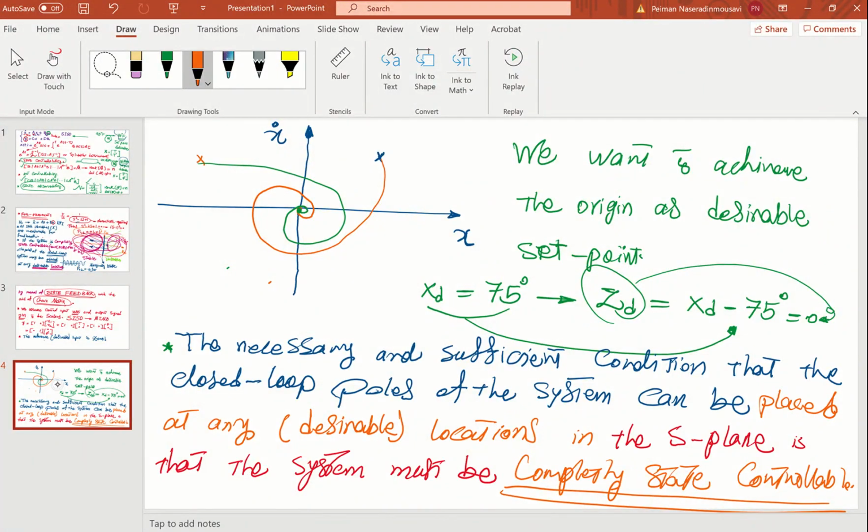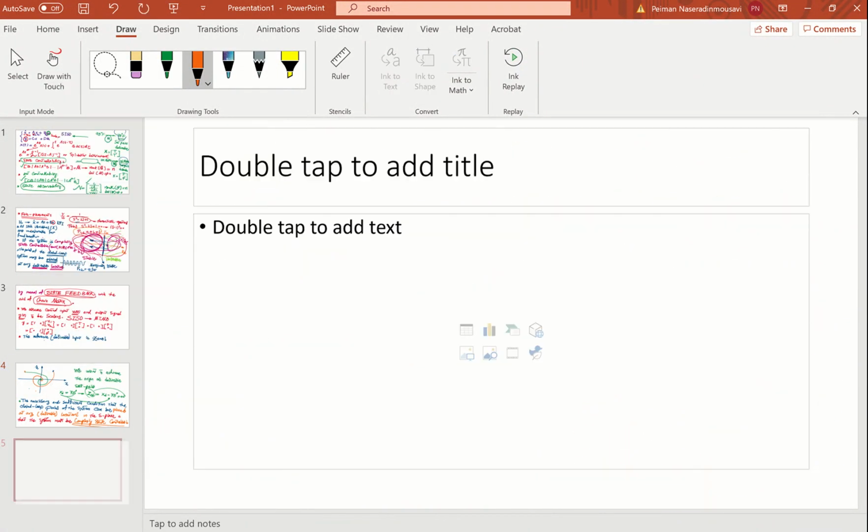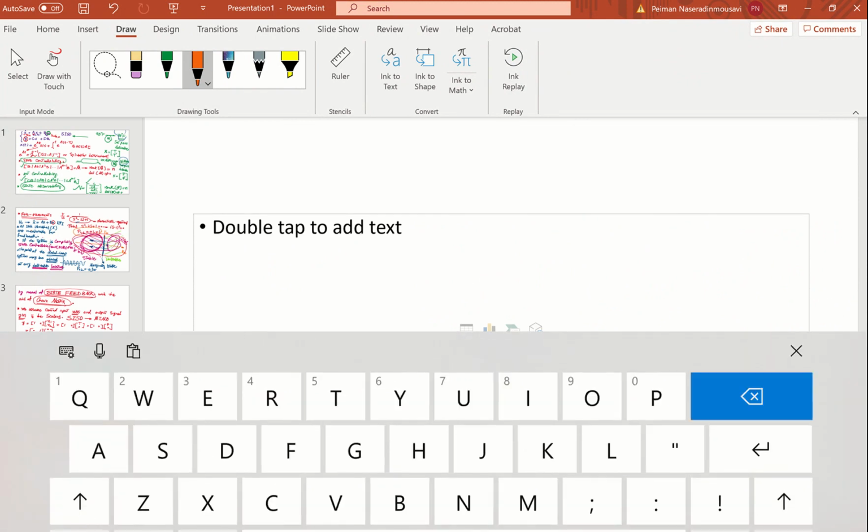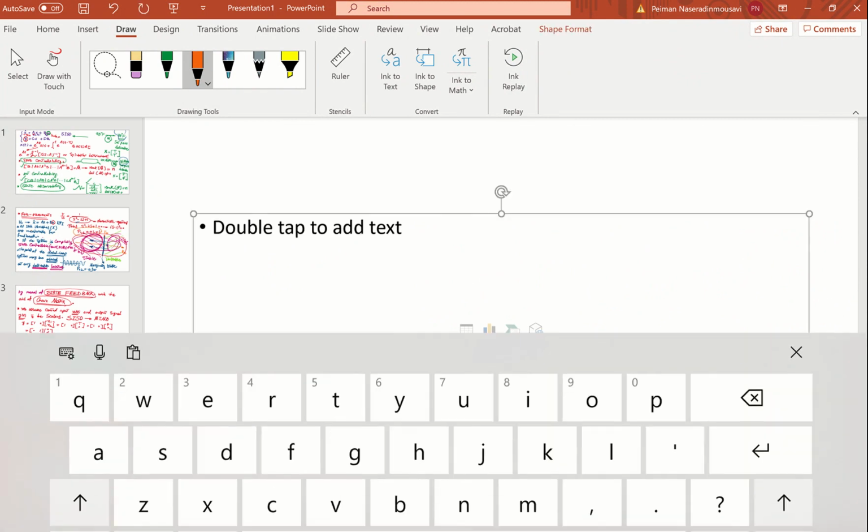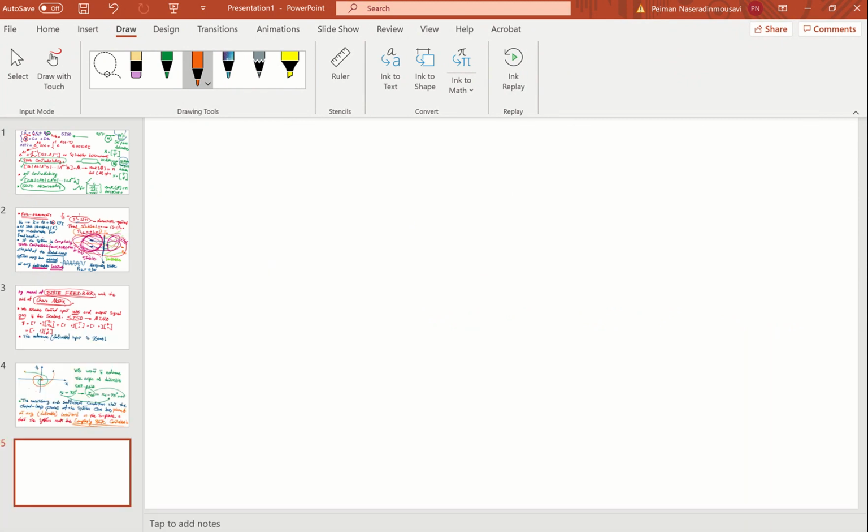So now let us go slowly to design by pole placement, designing of the controller. Designing of controller means what?